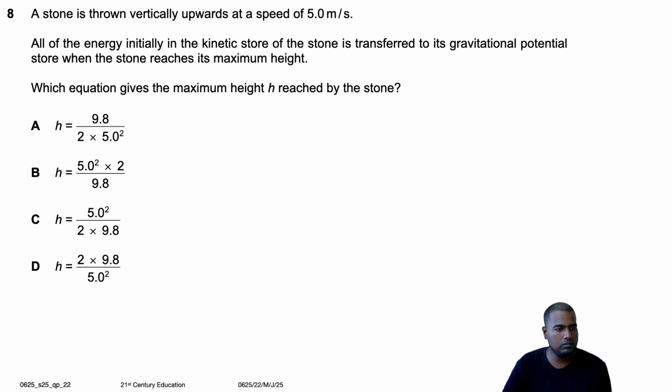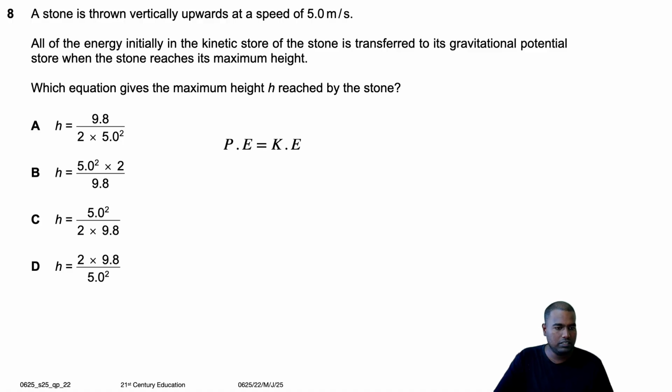A stone is thrown vertically upward at a speed of 5 meters per second. All of the energy initially in the kinetic store of the stone is transferred to its gravitational potential store when the stone reaches its maximum height. Which equation gives the maximum height h reached by the stone? So all the kinetic energy is stored as potential energy.